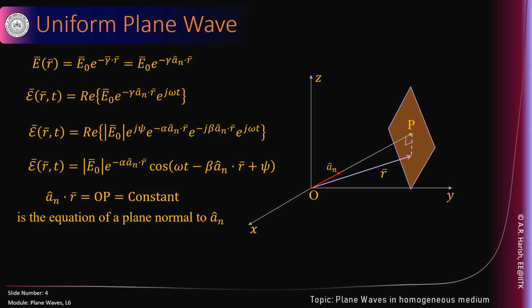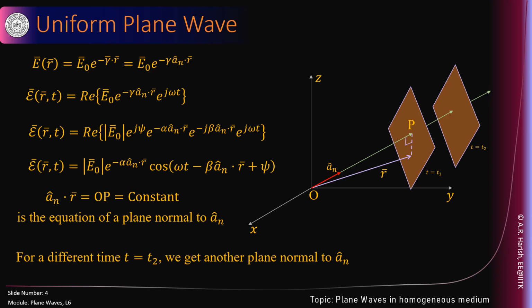So this is at time t equal to t1. Suppose I choose some other time t equal to t2. What will happen is the new surface will be parallel to this surface, that is orthogonal to a n cap, but it will be towards the front if it is a wave propagating along, with minus gamma a n dot r.